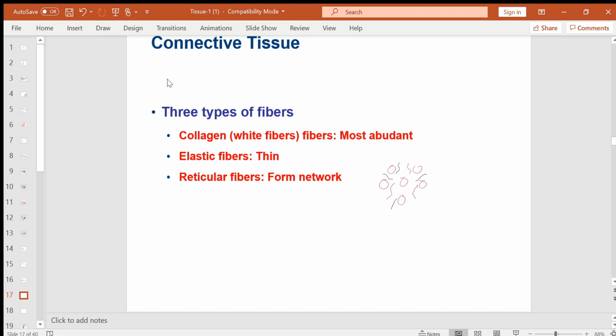In some connective tissues you will see only one type. In some connective tissues you will see two different types, right? So there are three different types of fibers in the connective tissue. And so what are those three types of fibers? Most common is called the collagen fiber.